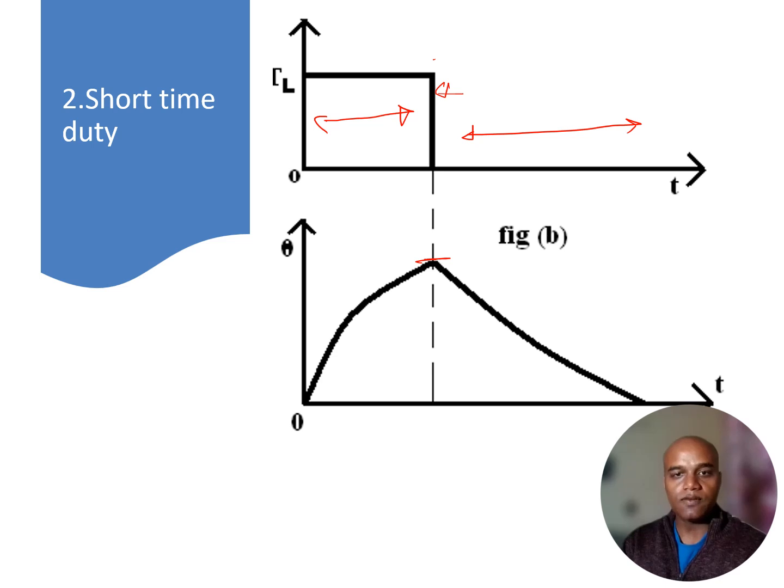Once it goes off, the motor temperature decreases and it achieves cooling. So the on period is lesser than the off period, and in that case, the motor achieves the ambient temperature.